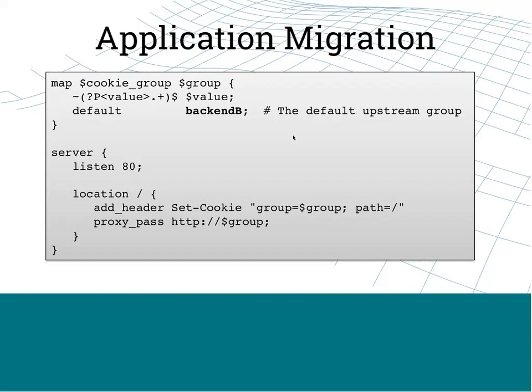With this configuration, all users will be routed towards backend B, but if you have a new upstream group that you add to your config, then you can seamlessly migrate your users to that upstream group just by changing that value in the configuration. These dozen lines of config are all you need to tag users with a cookie and then use that cookie to identify which instance of an application they're using.